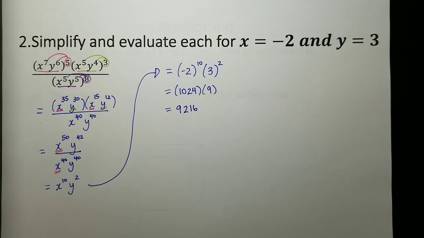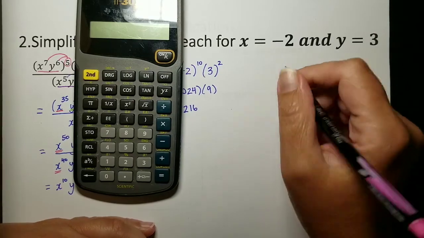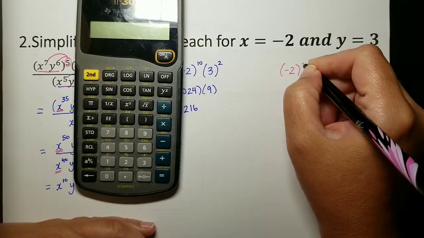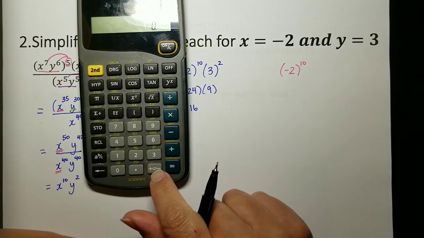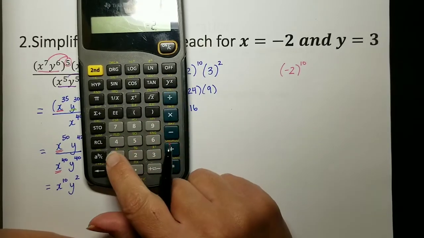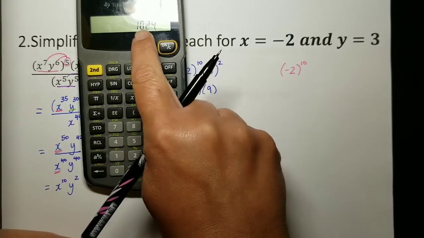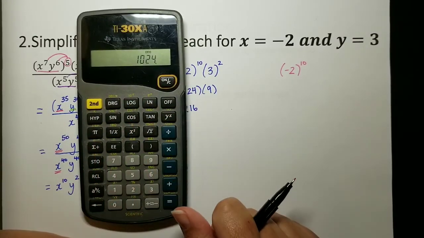There's one thing that I do want to point out to you, and this may depend on your calculator. I'm going to grab a different calculator. So if you were doing -2 to the exponent 10, if you do -2 and then my exponent button here, 10, this one does give you a positive number, even if I don't put in brackets.